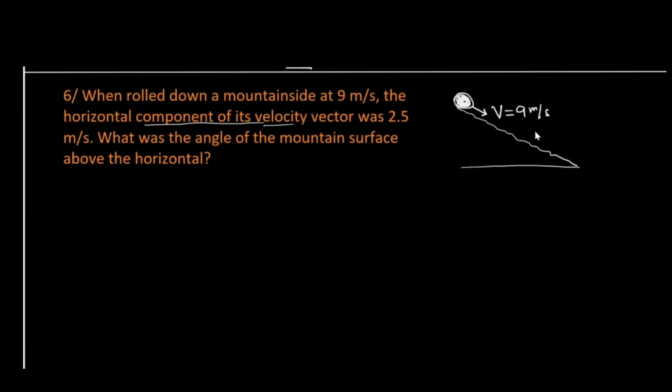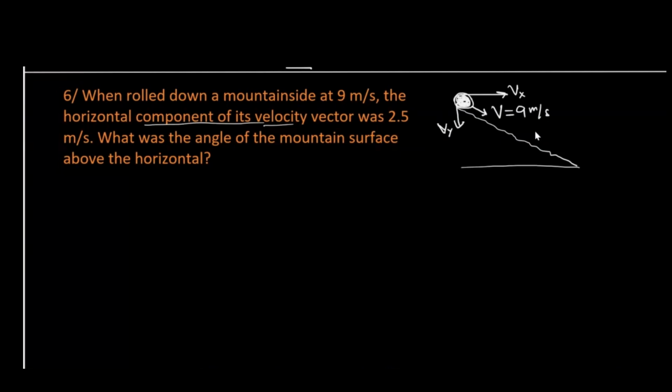It has the horizontal and the vertical components. This is the horizontal component, which is the Vx. We can call it the x component. There is also the y component, which is the Vy. There are two components of this vector.